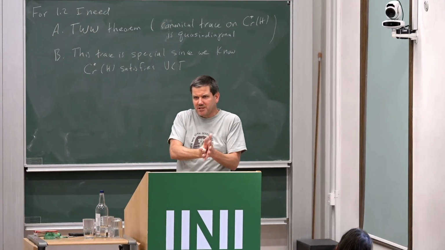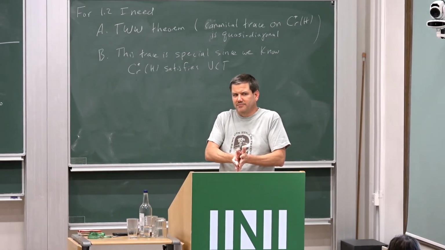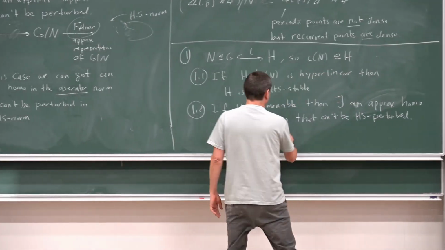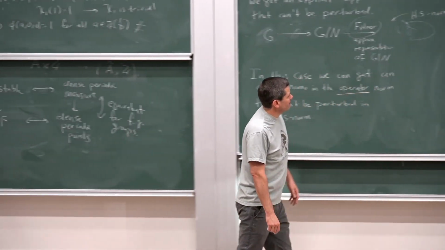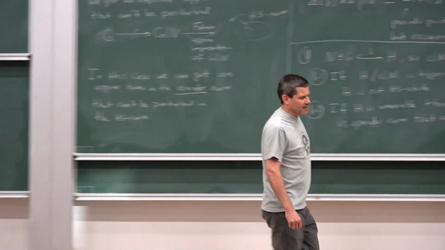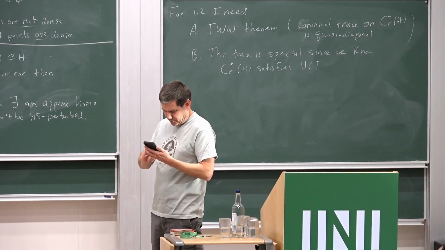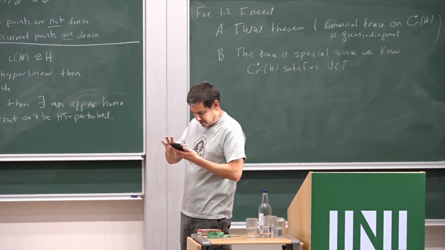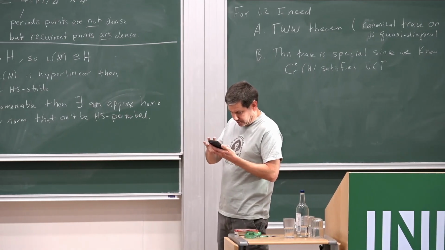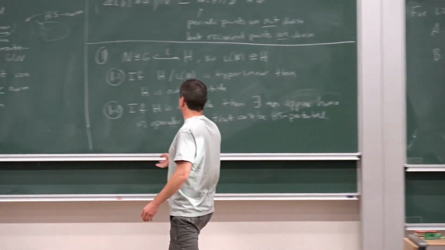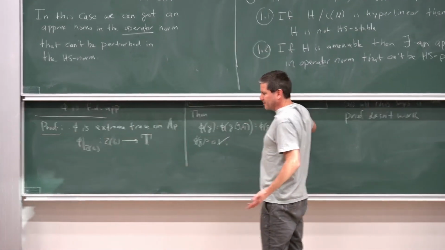Okay, so there's something special about this trace. It might work for all traces, but we don't know if it works for all traces. I'm 90% sure that's all I wanted to say for that part. All right, so now back to part 2, the end.